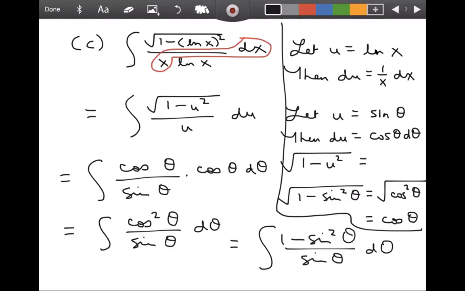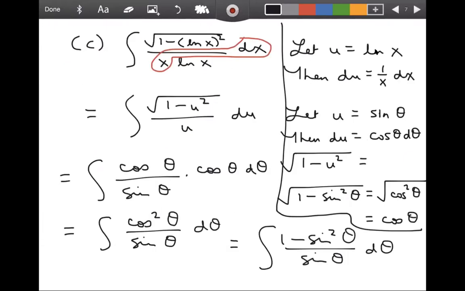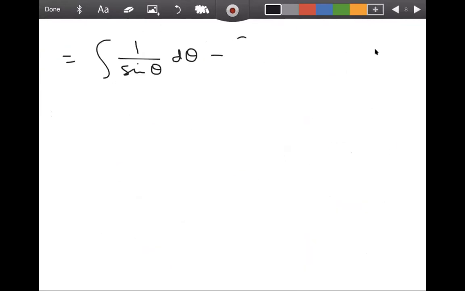And then we're going to do this as two separate integrals. So the first integral is going to be 1 over sine theta. And the second integral starts with a minus, is going to be the integral of sine squared theta over sine theta, which is just sine theta.